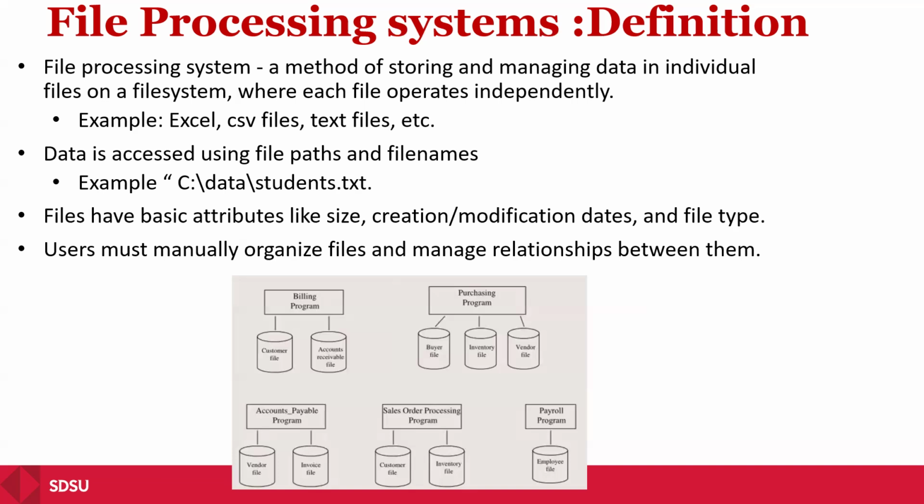So down here we have a diagram of file processing systems for a company. So by departments. So we have a billing department that has a program or billing software that accesses customer file and account receivable file. We have a purchasing program that also deals with different sets of files. So buyer file, inventory file, vendor file, stuff like this.